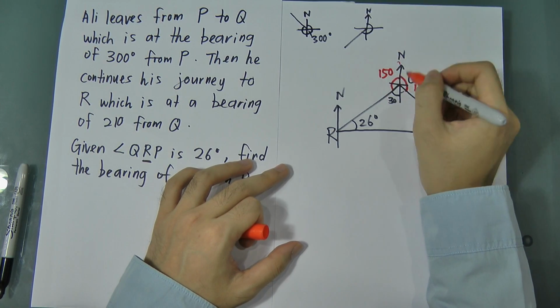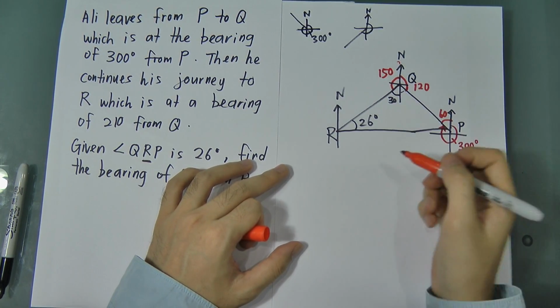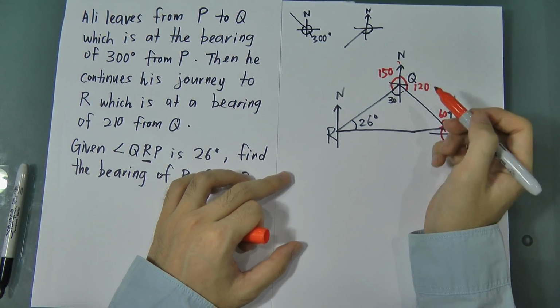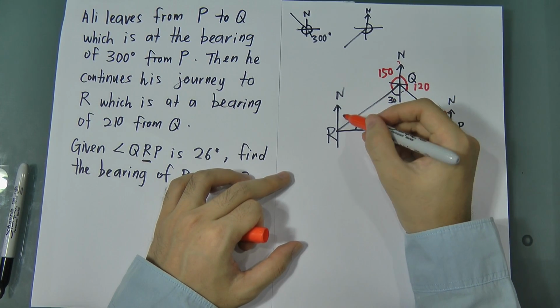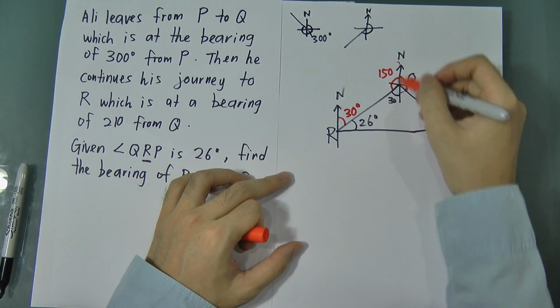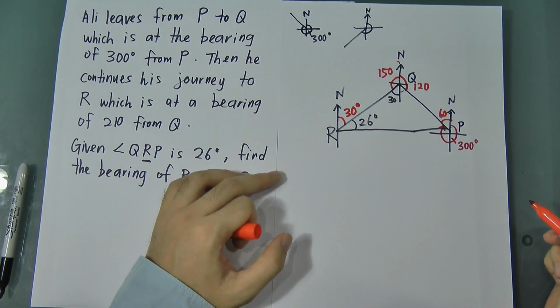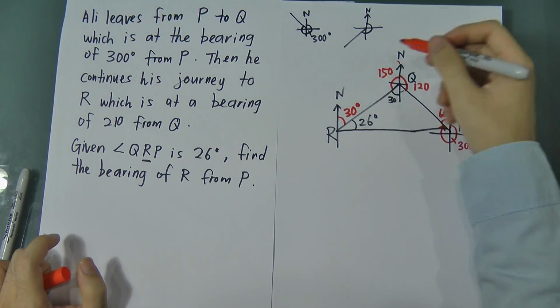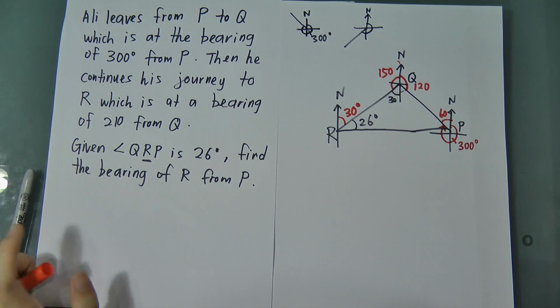Why do I know? Just use 360 minus 210, so you get 150. If here is 150, here will be 30, because of this parallel rule, which you can apply to all the norths over here.